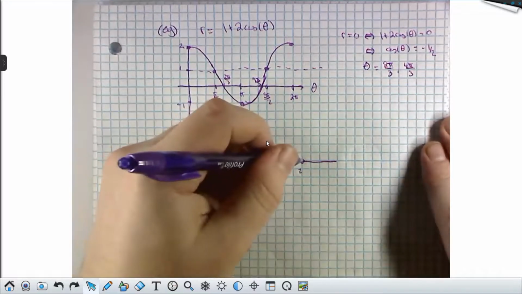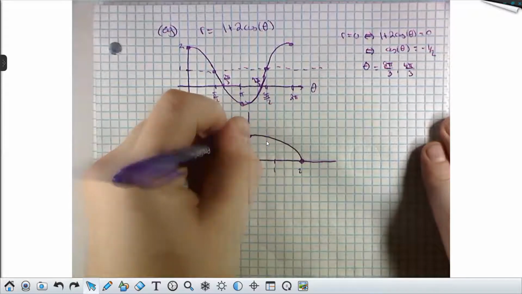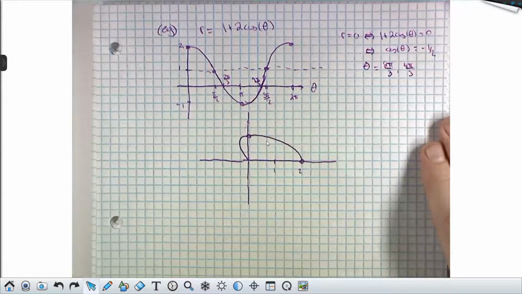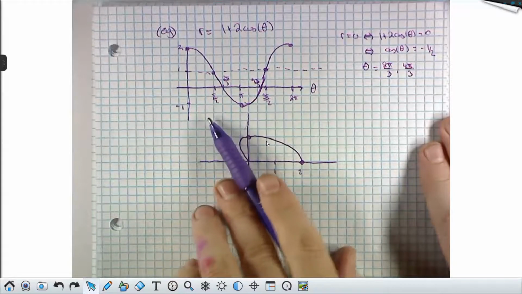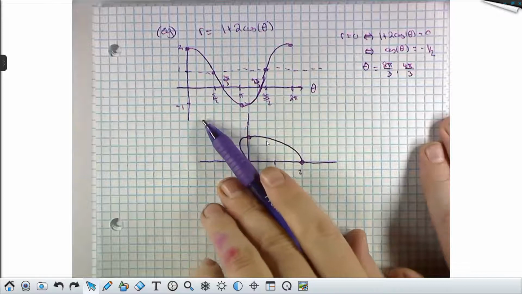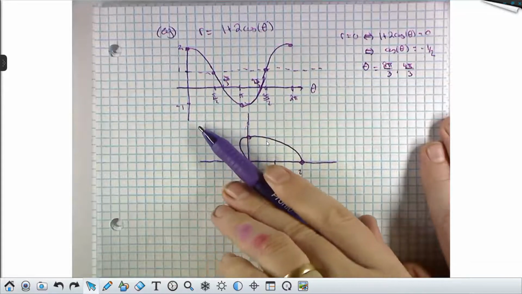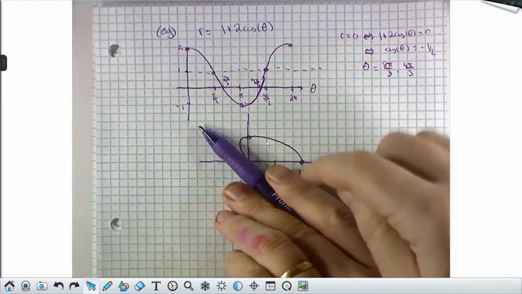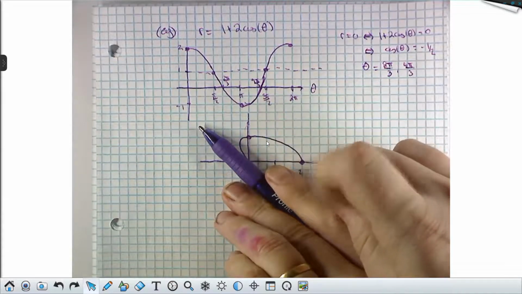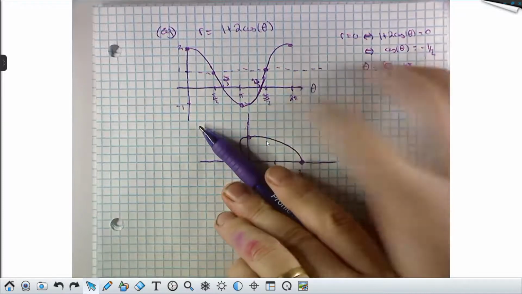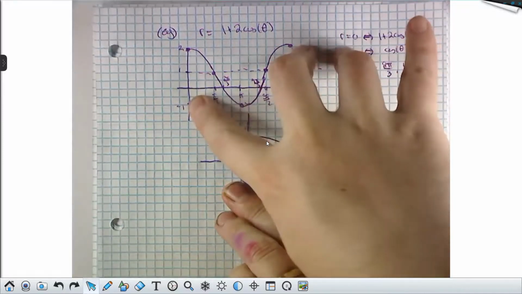So just to be clear, so far we have this. And now as I rotate a little bit past 2 pi over 3, my radius should come poking back out, but uh-oh, it's negative. So instead of going out this way, it's going to go out this way. And it's going to come out to a max of negative 1.